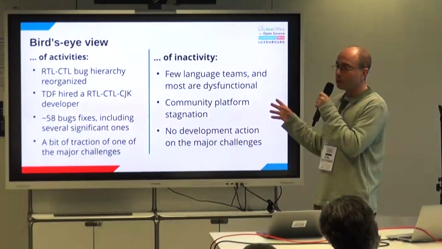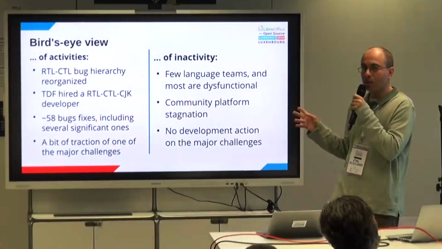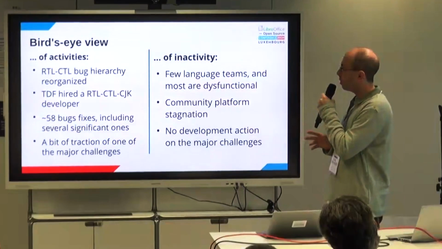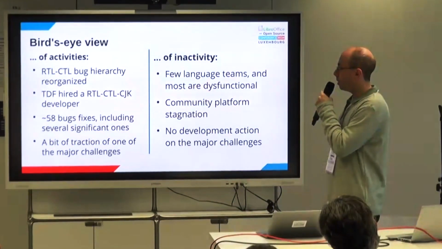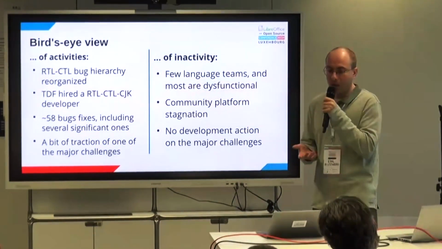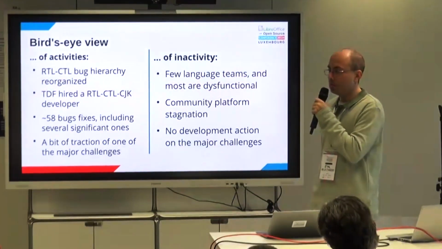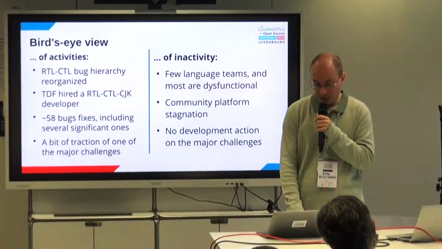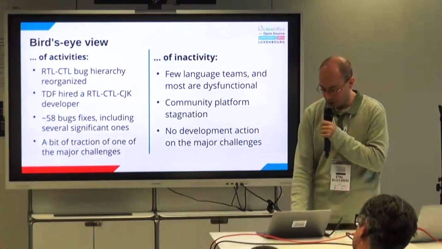The community situation has actually deteriorated. We're in a worse situation than we were 2 years ago, and also the activity in online platforms regarding right-to-left languages is in a worse situation than in 2022, unfortunately.